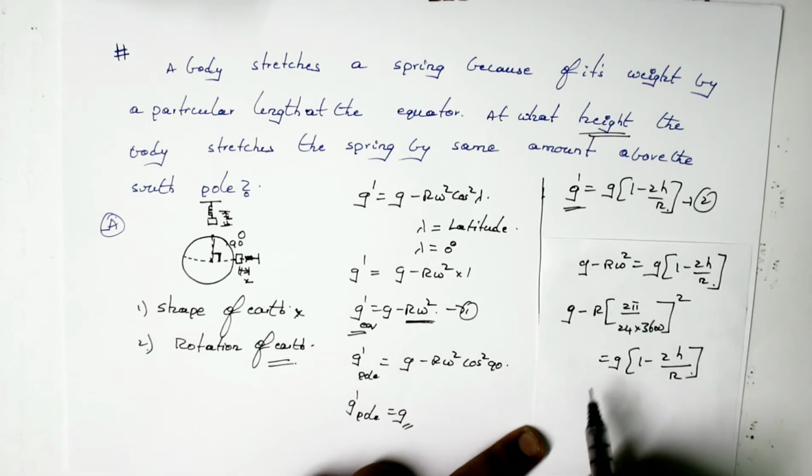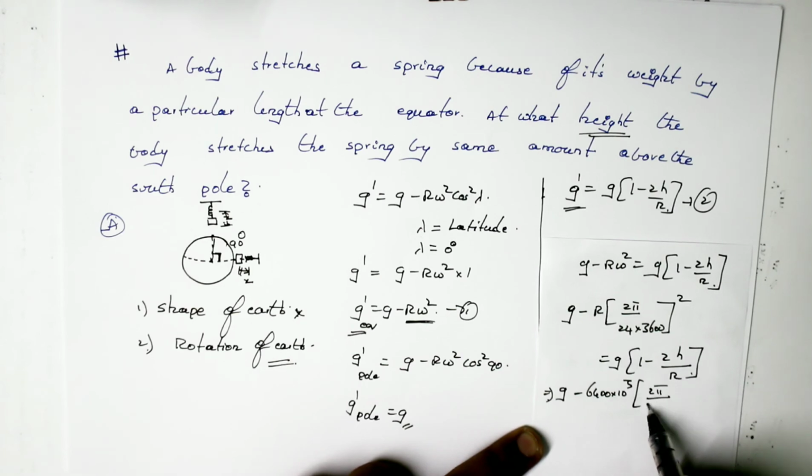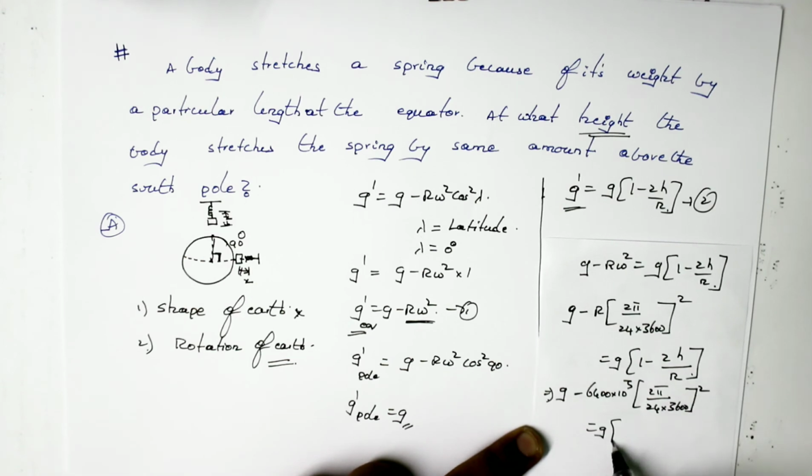Again, if I do some more calculation, g minus R value can be written as 6400 into 10 power 3 meters into 2 pi divided by 24 into 3600, whole square, is equal to g into 1 minus 2h divided by 6400 into 10 power 3 meters.